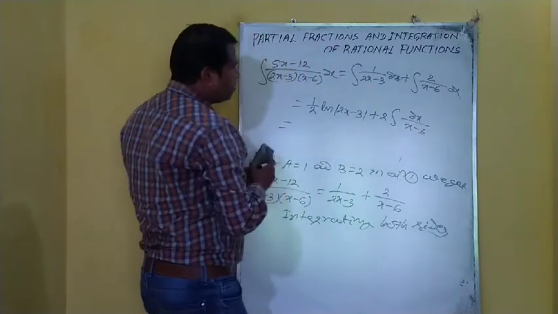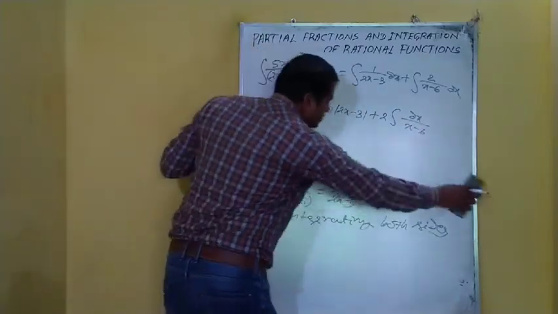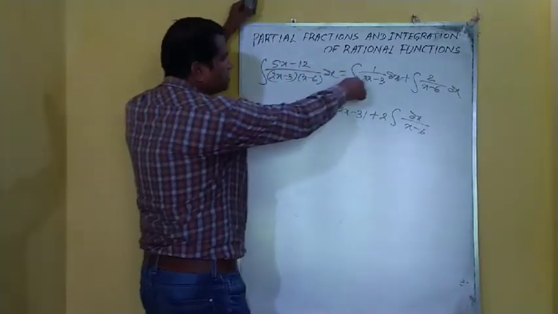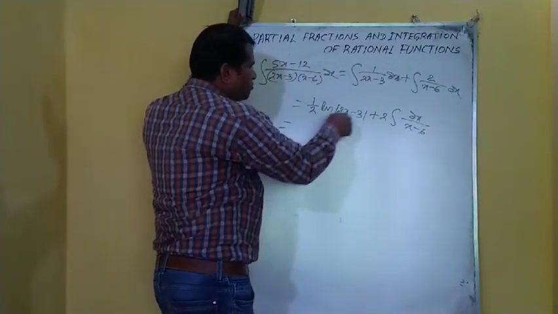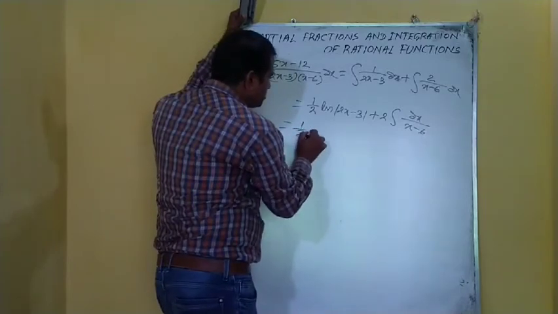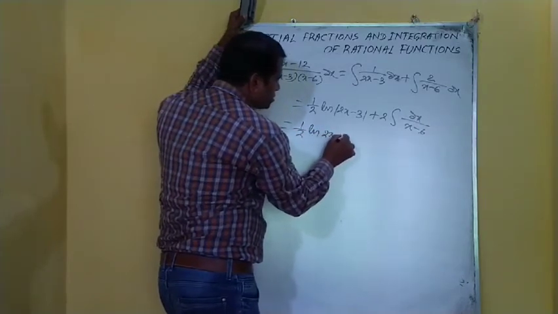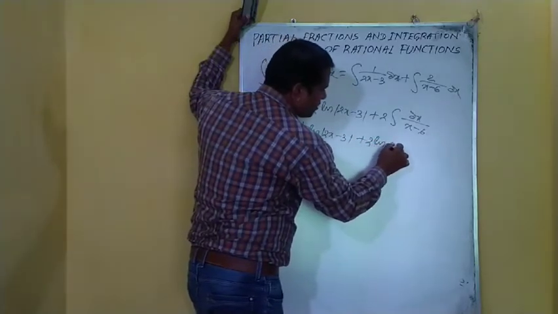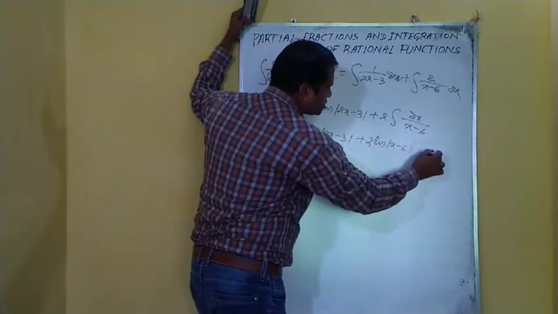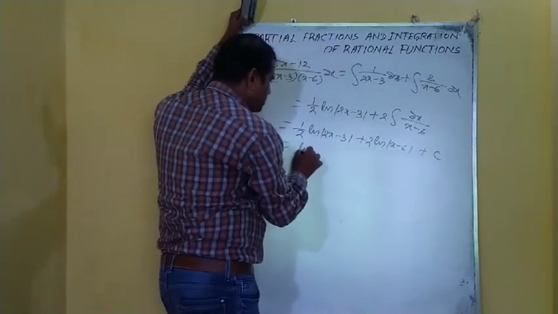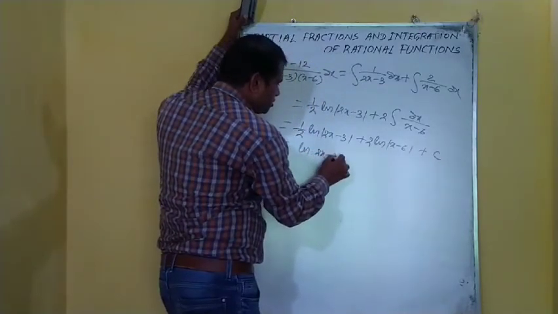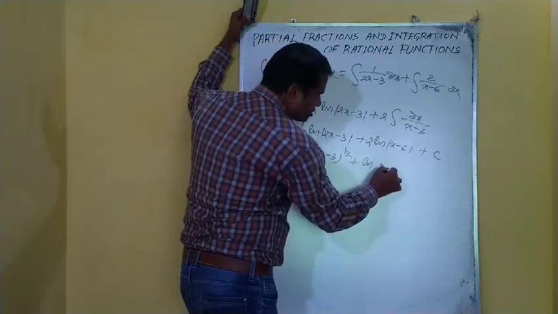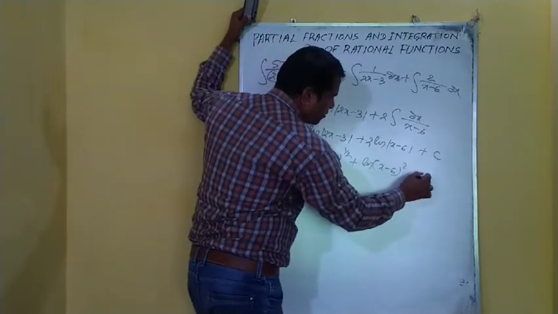The integral of dx by (ax plus b) is 1 by a ln mod (ax plus b). So we have 1 by 2 ln mod (2x minus 3) plus 2 ln mod (x minus 6) plus c, that equals ln (2x minus 3) whole to the power half plus ln (x minus 6) squared plus c.